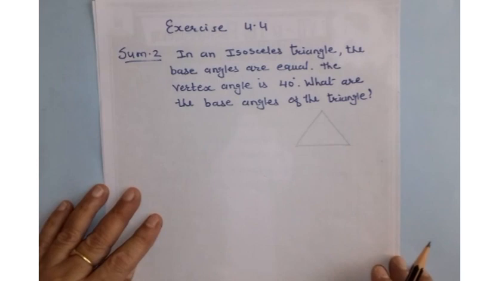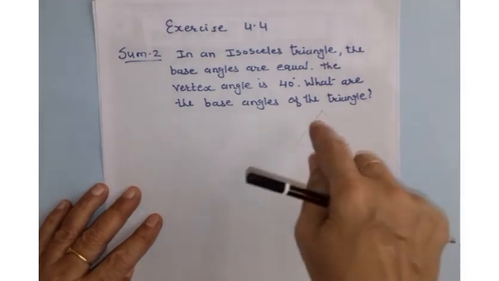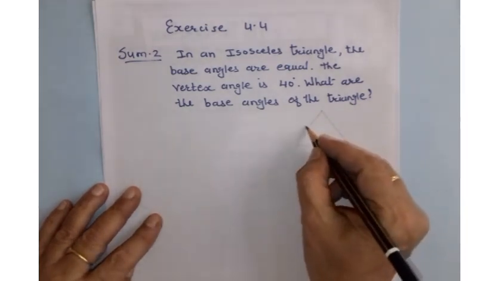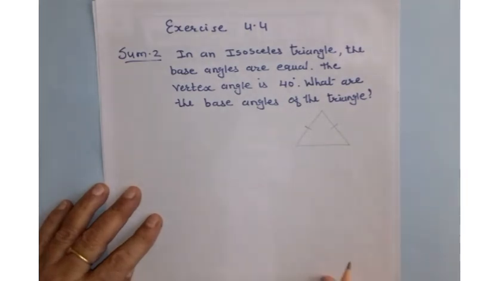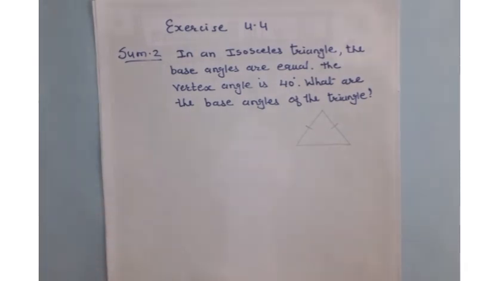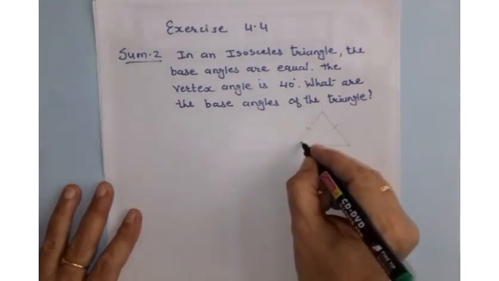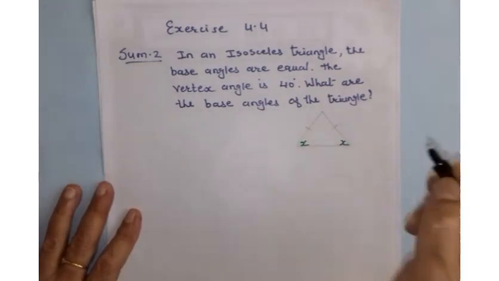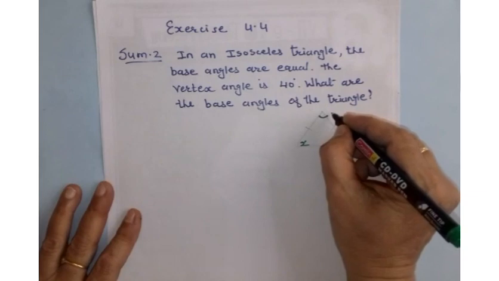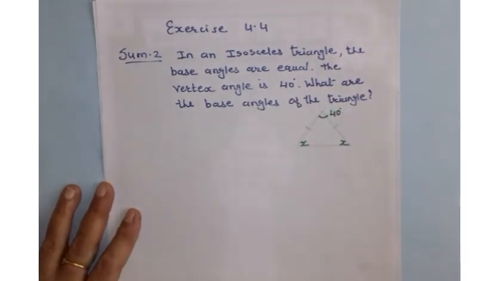Suppose two sides are equal, then we can say that this is an isosceles triangle. Over here, two base angles are equal, means this is also x and this is also x, and the measurement of this angle is 40 degree.